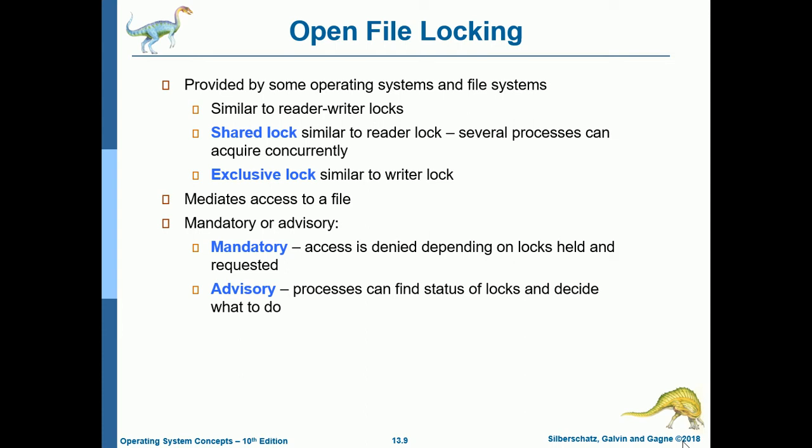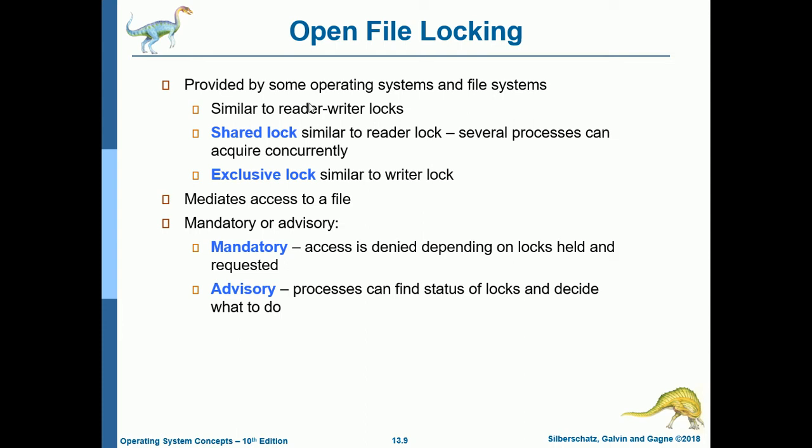Next we have open file locking, provided by some operating systems and file systems. It is similar to reader-writer locks. We have a shared lock, similar to a reader lock, which several processes can acquire concurrently. This is what I was saying when I opened that same file in two different applications: they have a shared lock, because your purpose is just to read, just to view the file.